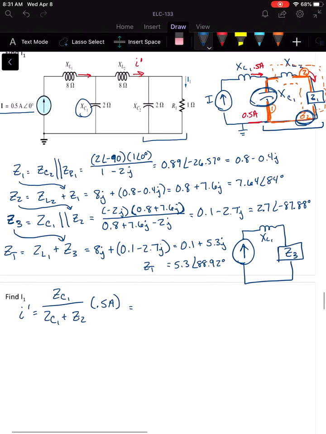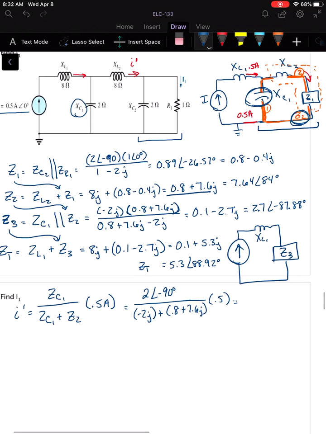So ZC1, remember, was 2 at negative 90 degrees. And then when I add ZC1 plus Z2, I'm going to use rectangular form here, I think. So minus 2J plus my Z2 up here, 0.8 plus 7.6J times 0.5 amps.